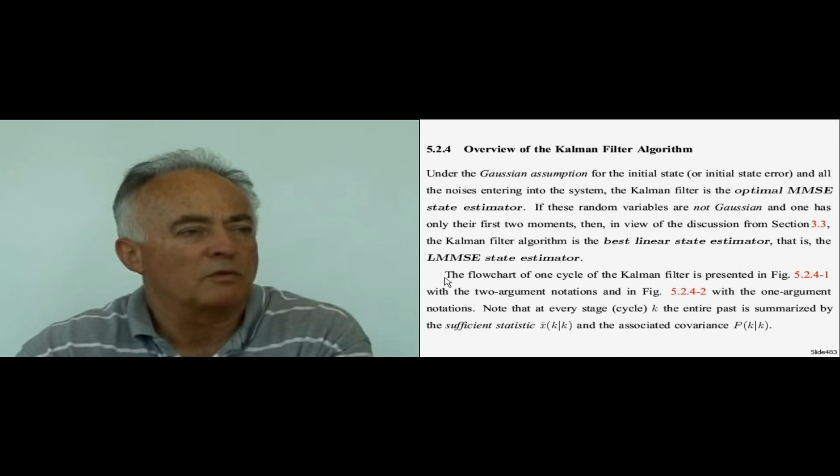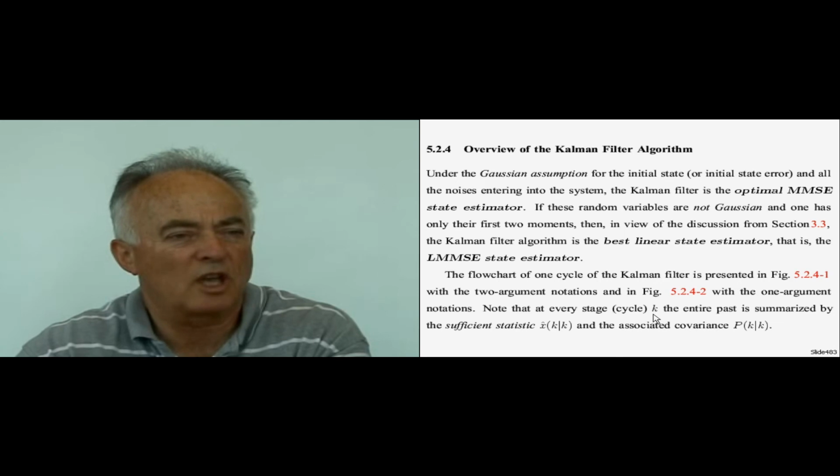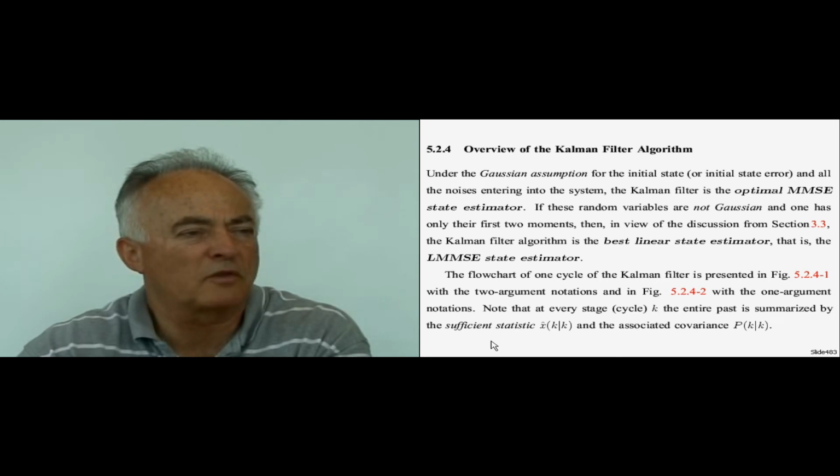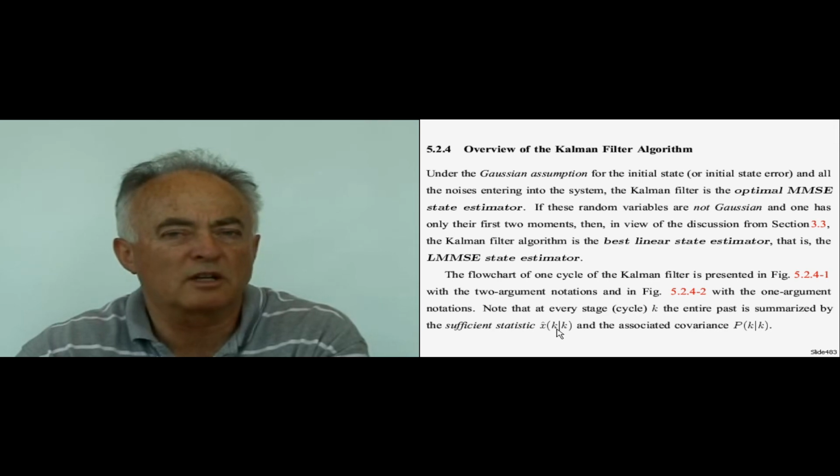We'll see in a moment a flow chart that describes the filter in two notations. The entire past at time k or stage k is summarized by a sufficient statistic. So it's enough for us to show one cycle because the previous time is summarized.